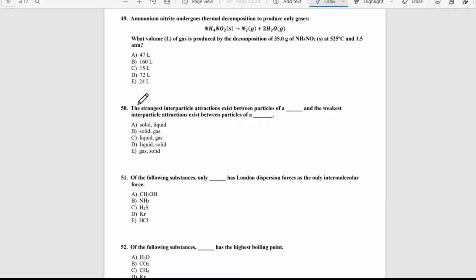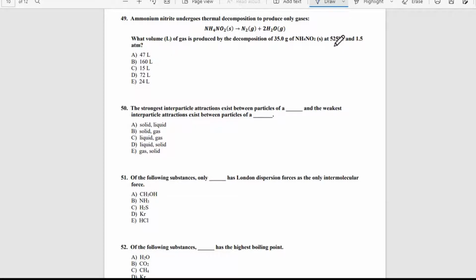What you need to actually do is throw down some stoichiometry. There are a couple of different ways to approach this, but I think the way that makes more sense here is to do the stoichiometry first.